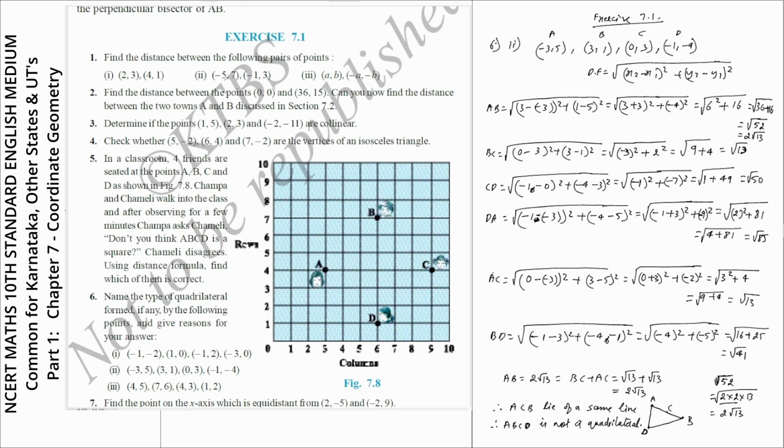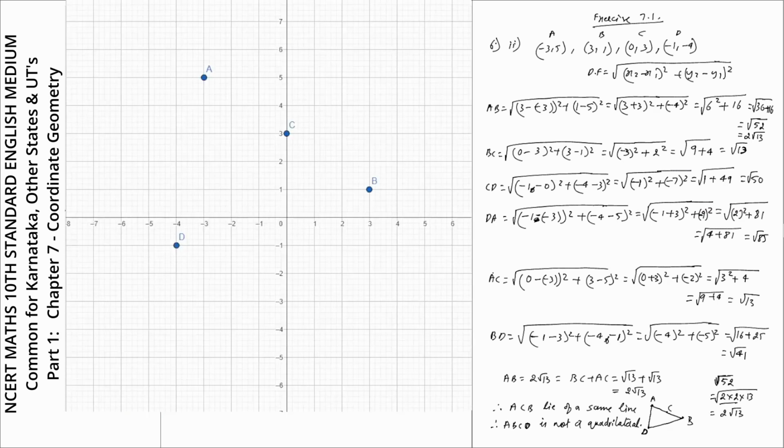I'll show this in graph. See, this is how it looks in the graph. Point A is minus 3 comma 5, point B is 3 comma 1, and point C is 0 comma 3, and point D is minus 1 comma 4. So if I join the points, it is like this.